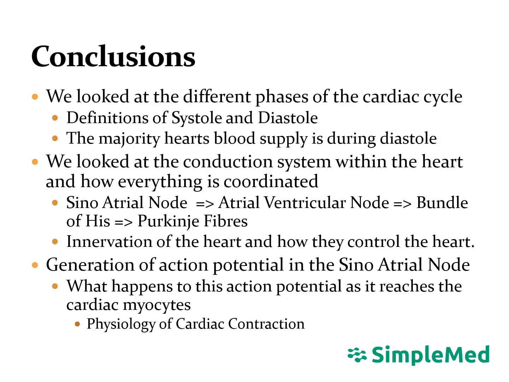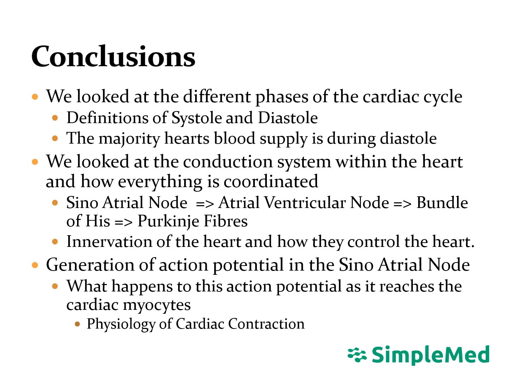To conclude, we looked at the different phases of the cardiac cycle, and defined the stages of systole and diastole. We learned that the majority of the heart's blood supply comes during diastole. We looked at the conduction system within the heart and how everything is coordinated. Summarizing, the sinoatrial node is at the start, followed by the atrioventricular node, down towards the bundle of His, down towards the Purkinje fibers.